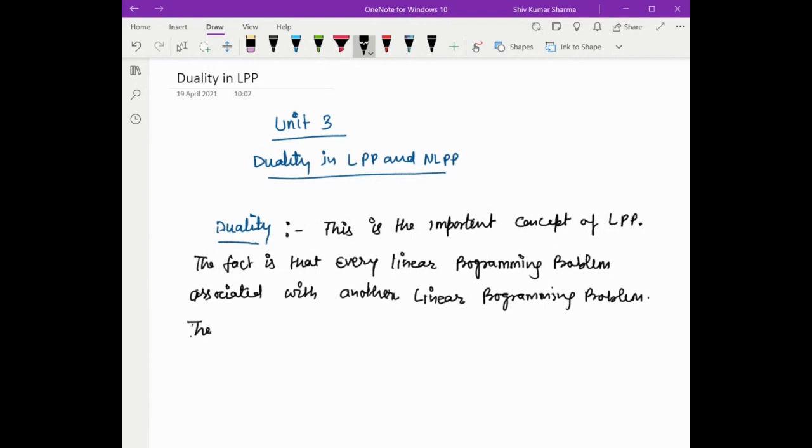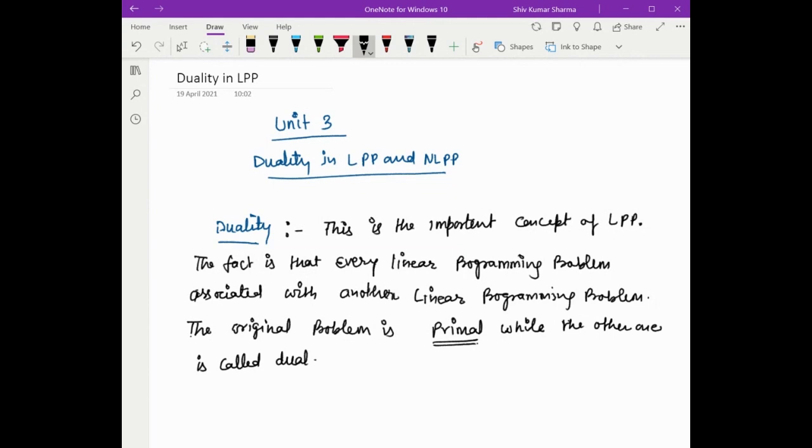The original problem is called primal, while the other one is called dual.